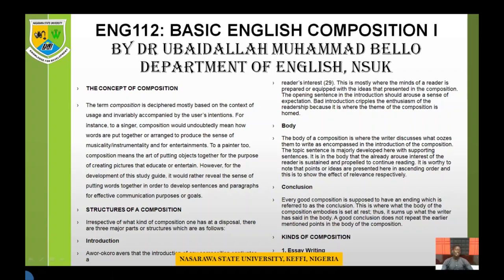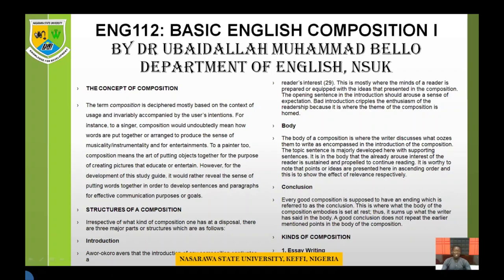The next structure is body. The body of a composition is where the writer discusses what prompted him or her into writing. It is where we see the writer encompassing all that is said in the introduction and expatiating on the aspects. All these things are achieved in the body of a composition.